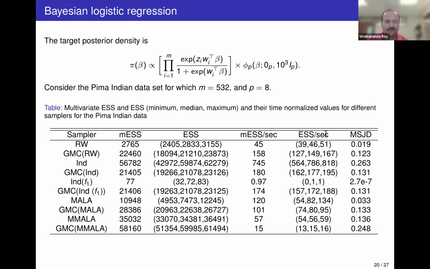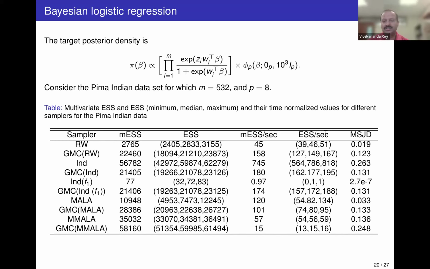That is what I use for the independent Metropolis-Hastings algorithm also. And you can see the improvement in effective sample size is huge from the random walk to the geometric version of it. Obviously, this improvement is less if I use, for example, manifold MALA as my base density. But nonetheless, the geometric chain improves.